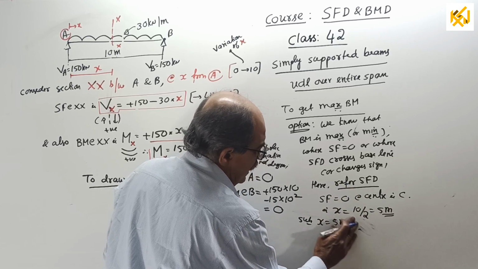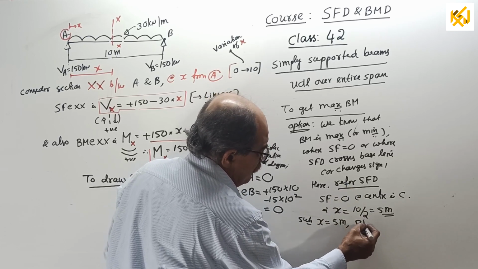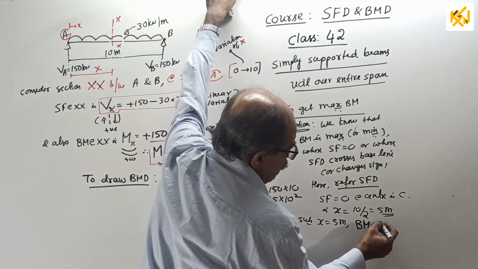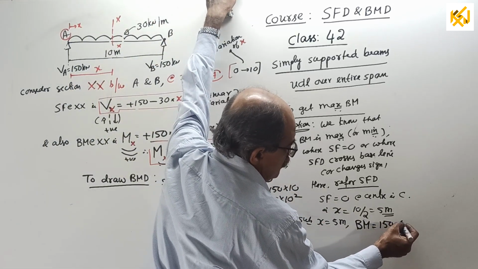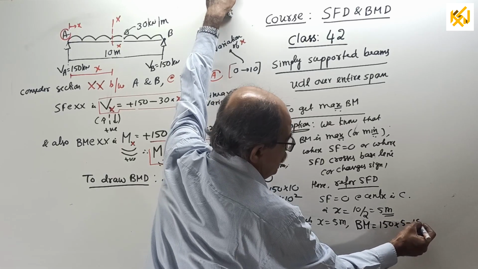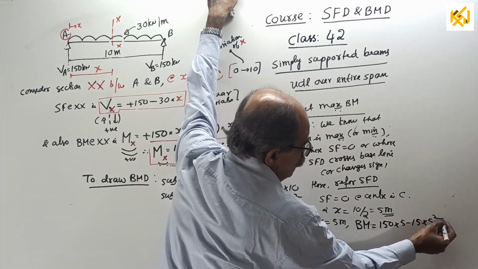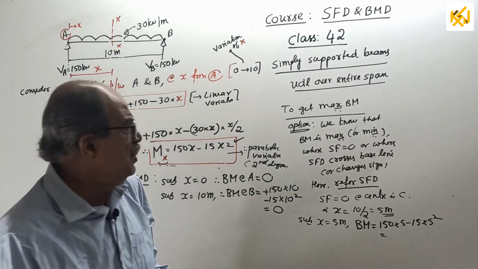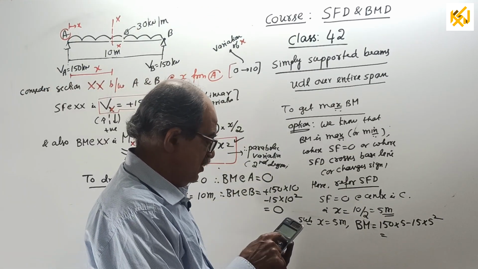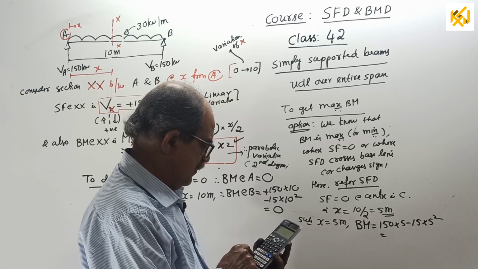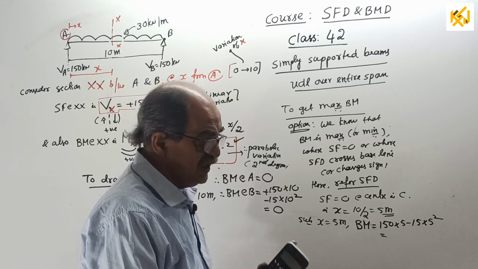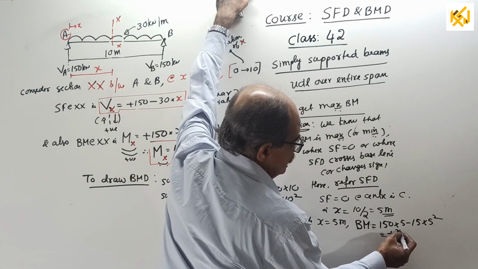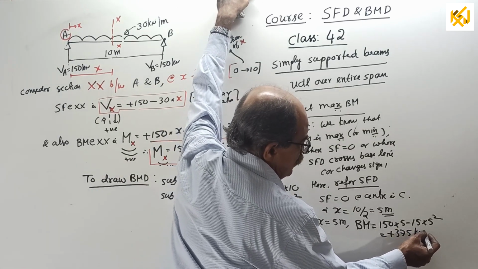So, now substituting x equal to 5 meter, you find BM equal to 150 into 5 minus 15 into 5 square. What is the answer? It is 750 minus 375, which is 375 kilonewton meter.